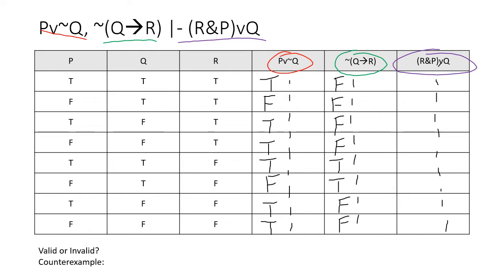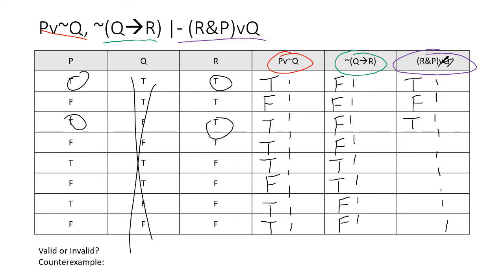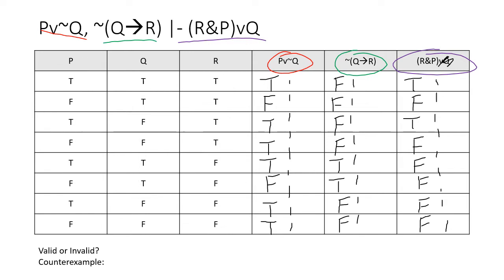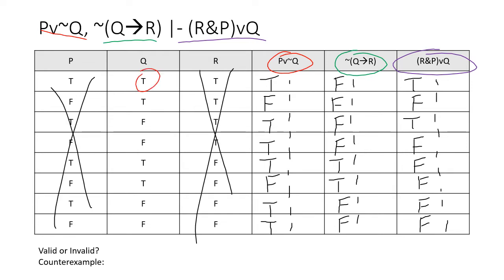And we gotta do the ampersand first because it's inside the parentheses. Looking for where they both are true. And that's gonna be here in lines 1 and 3. The rest of them, one of them is false. And so now we can bring in our wedge Q. Where is one of them true?